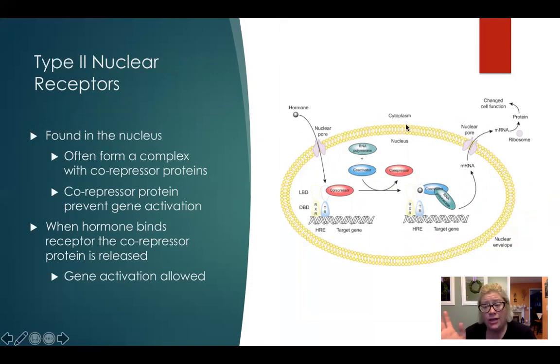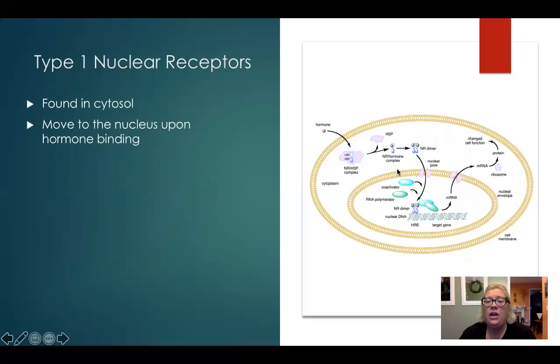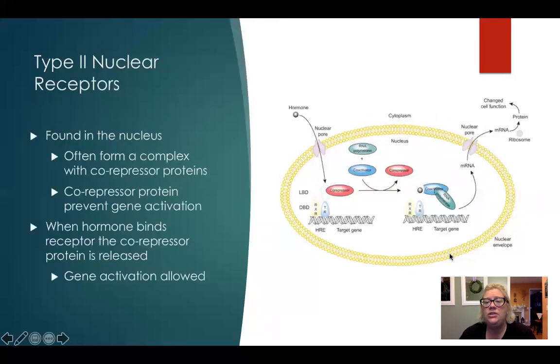This is the only picture that I could find that was good, but what I don't like about this picture is that it doesn't have a plasma membrane. So this here is just the nucleus. So this is the nuclear membrane. All this white area out here is part of the cytoplasm.